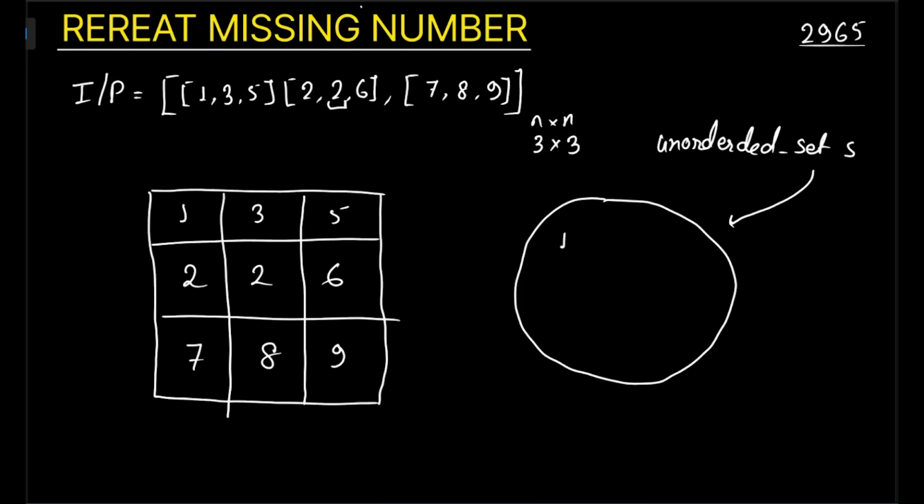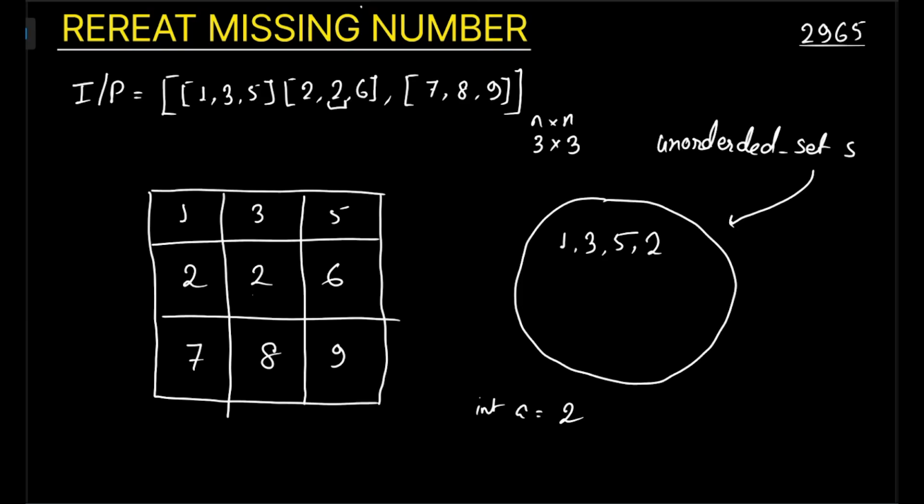First insert 1, then 3, then 5, then 2, and 2 is also repeating. Then when this 2 will come here, if it exists in the set, then it will just be stored in A. There is integer A, and here the missing number will be inserted. So this is our missing number.